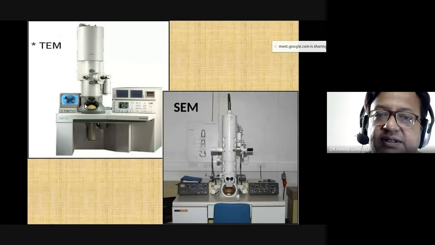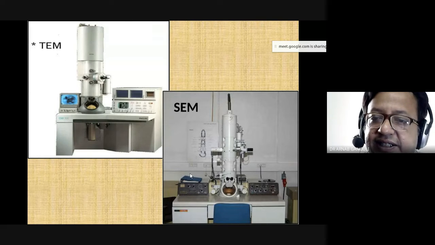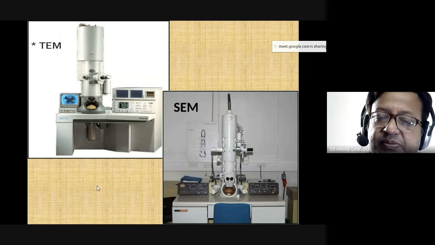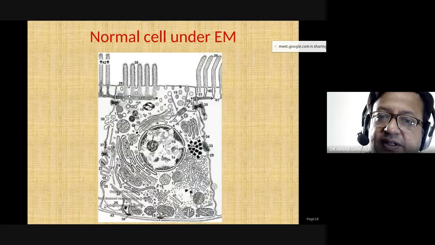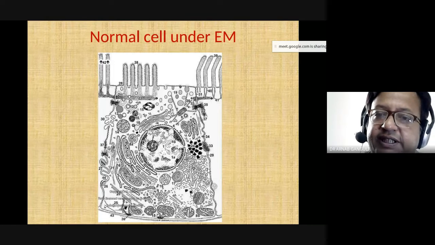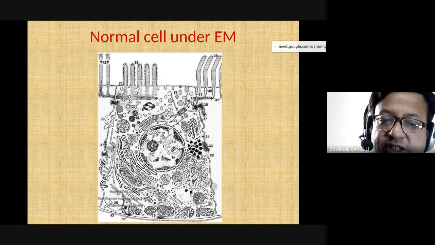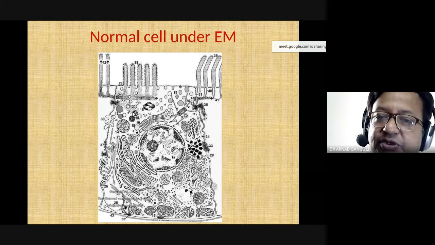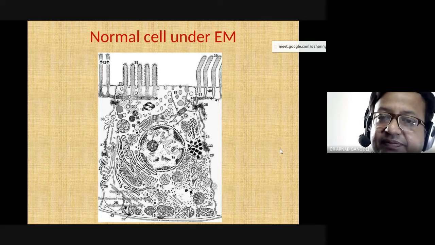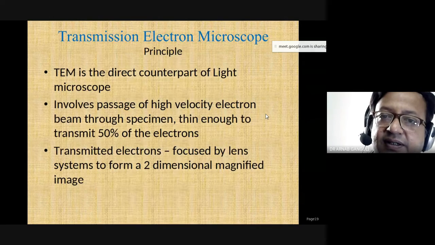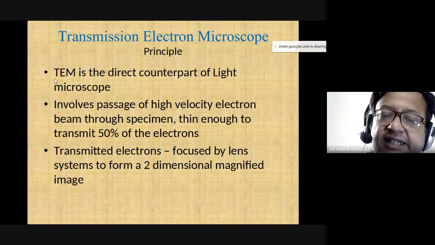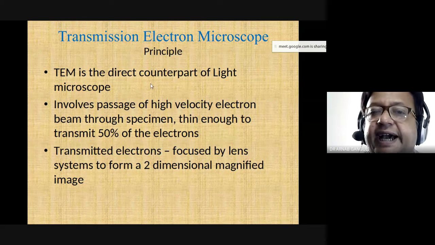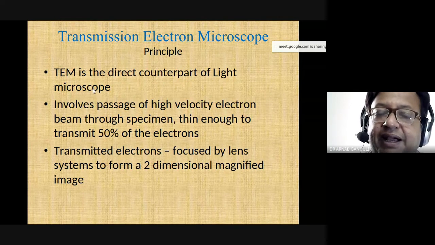So this is how a transmission electron microscope looks, and this is a scanning electron microscope. Under the electron microscope, this is how a normal cell will look. You don't see 1, 2, 3, 4 over there. That has been given later, but more or less it will look very clear. The transmission electron microscope is the direct counterpart of the light microscope.